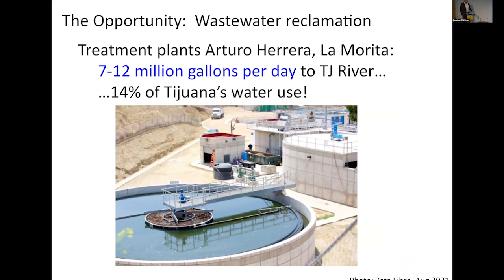And the treatment plants at Arturo Herrero and La Morita treat 7 to 12 million gallons of water per day that discharge directly to the Tijuana River. And that's 14% of Tijuana's water use.